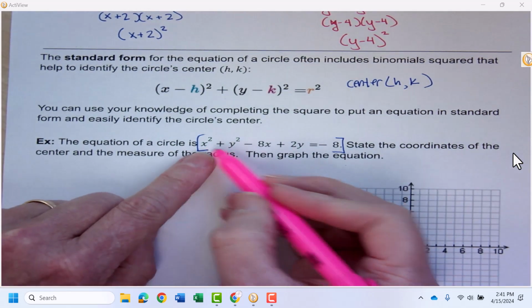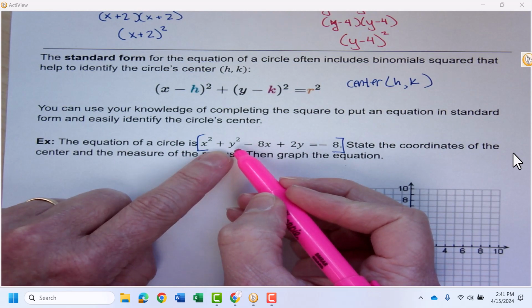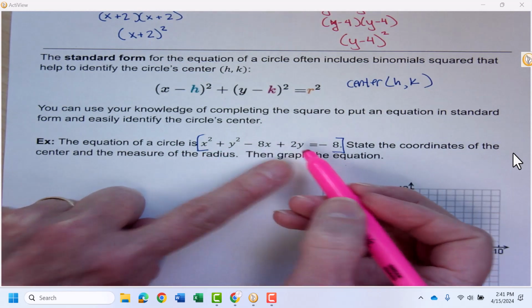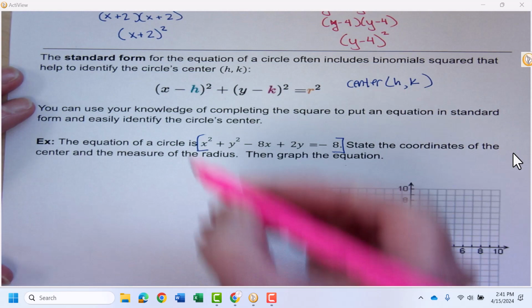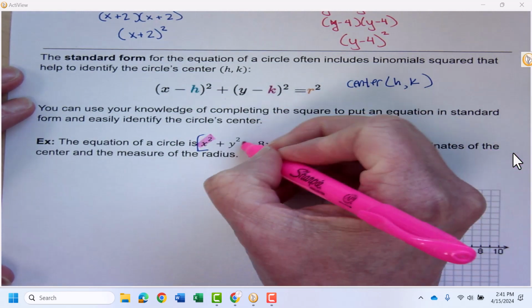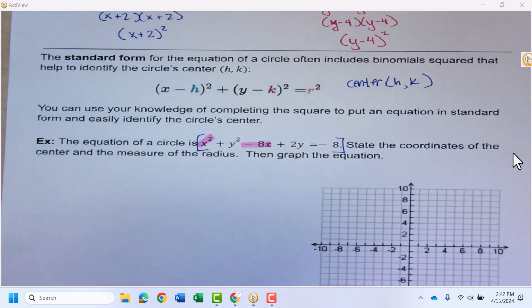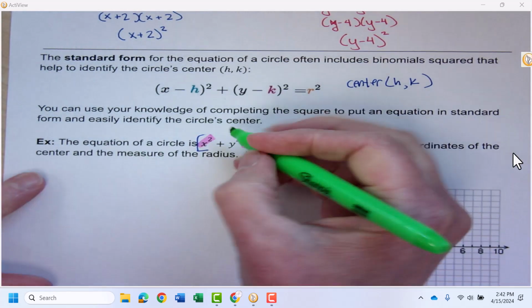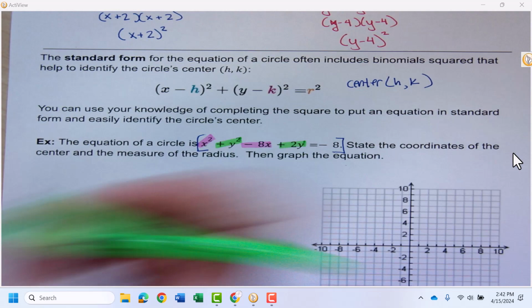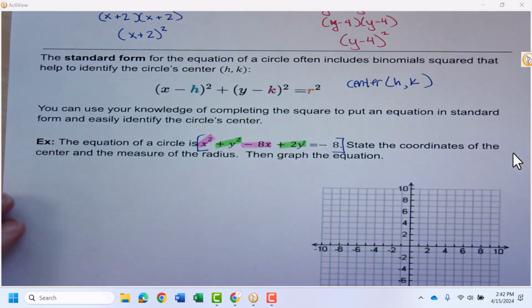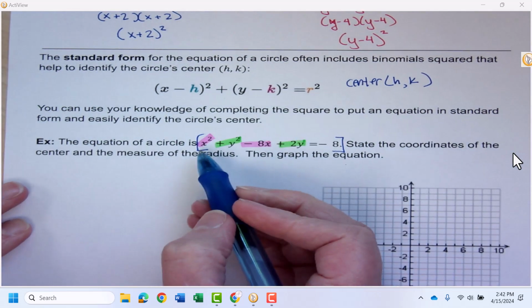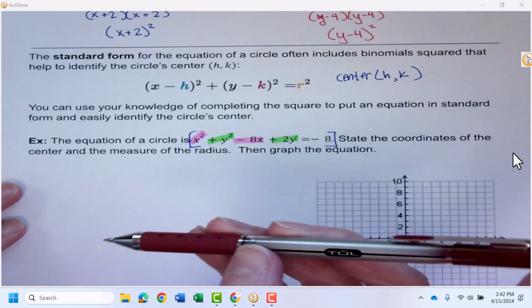So I have x squared plus y squared minus 8x plus 2y equals negative 8. Well, I'm going to pull together all the things that have x in them, and all the things that have y in them, and create a binomial squared. I'll keep the color coding going here.